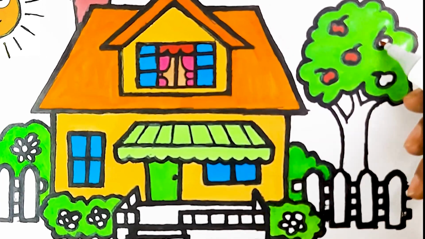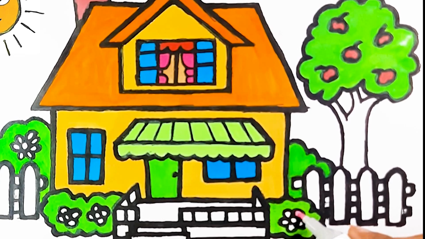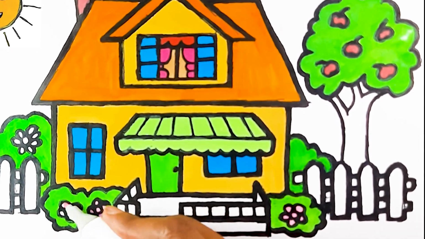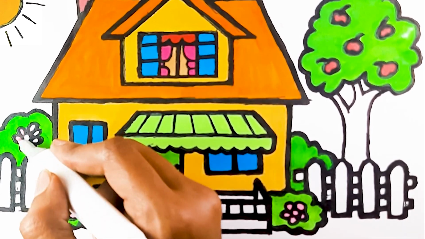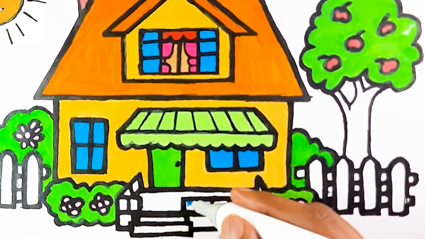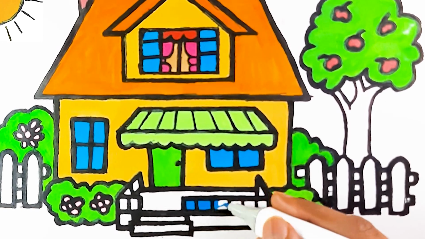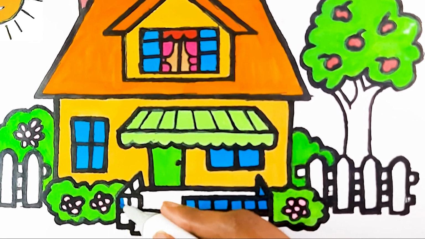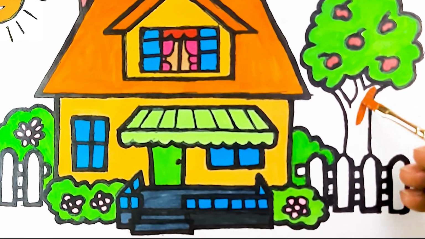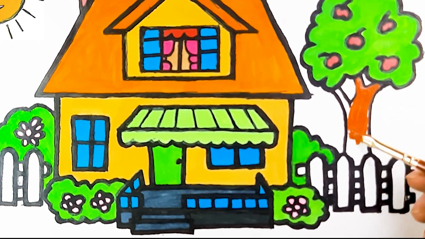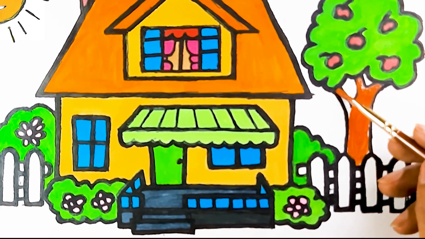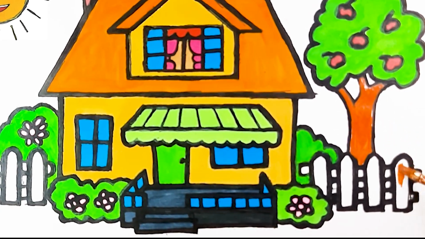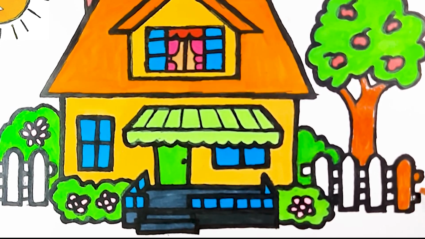Red color in the apple. You can use any color in the flower. I am using pink color in the flower. Let's color the compound glasses. Let's use blue color. Now remains the wooden color. We will use brown color in the tree wood and house compound.